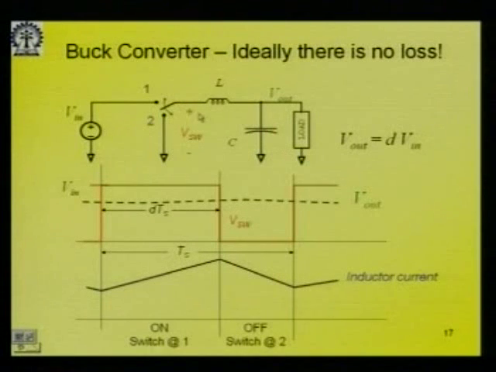In the subsequent period this voltage will be at ground 0 and this is V out, so the voltage across the inductor will be negative and the current will be falling. The current will rise at a rate proportional to the difference between V in and V out, and fall at a rate proportional to V out. In fact, that is also how you can calculate the value of V out.